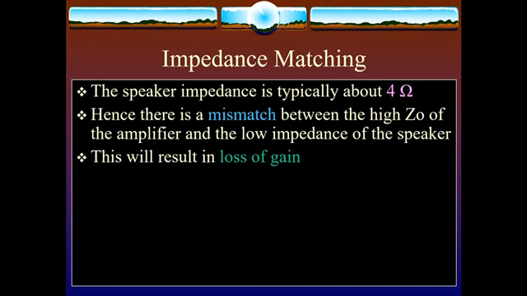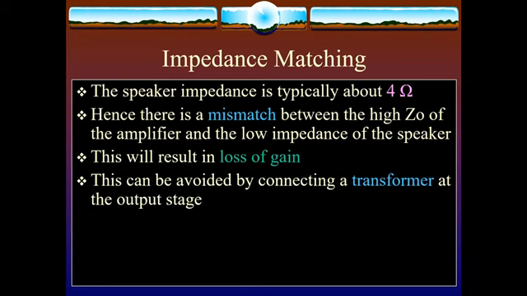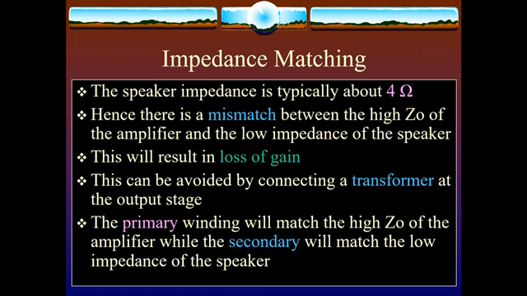Because of this mismatch, we'll get a very low gain. That is, loss of gain will take place. This can be avoided by connecting a transformer at the output. This is the only solution where you can get a perfect impedance matching between the input and the output. The primary winding will match the high Z0, which, as I already told you, is the output impedance of an amplifier, while the secondary will match the low impedance of the speaker.